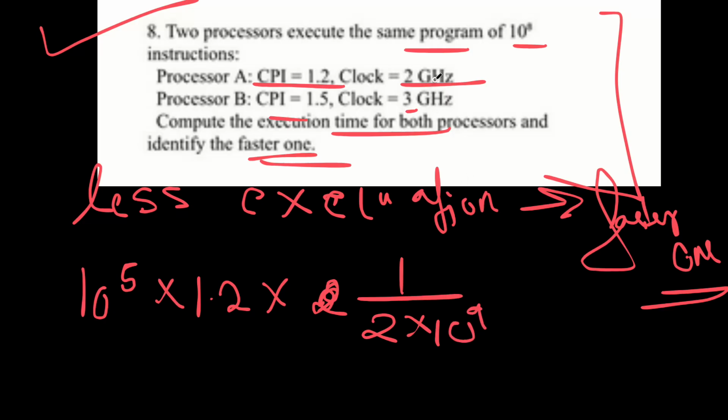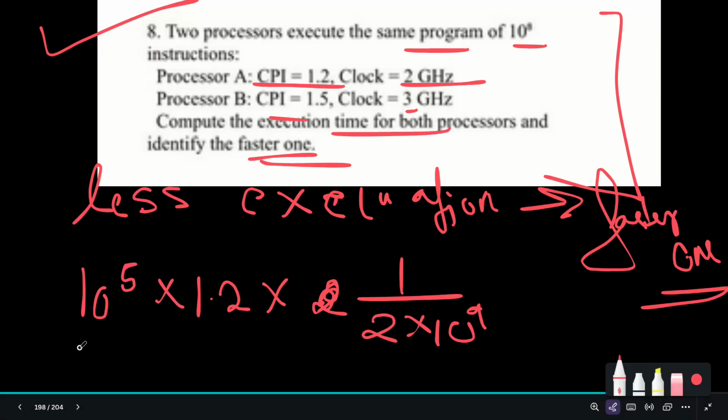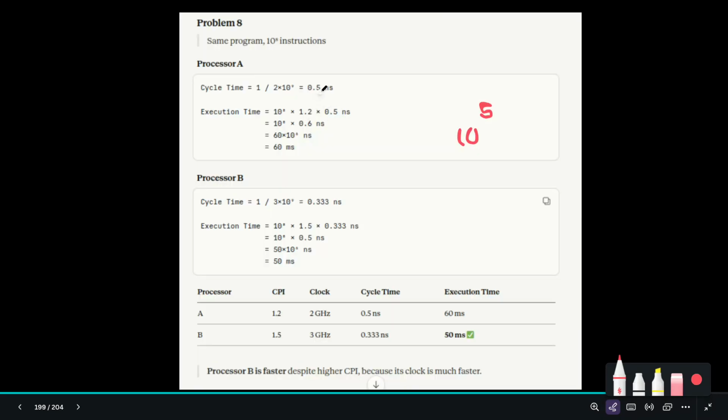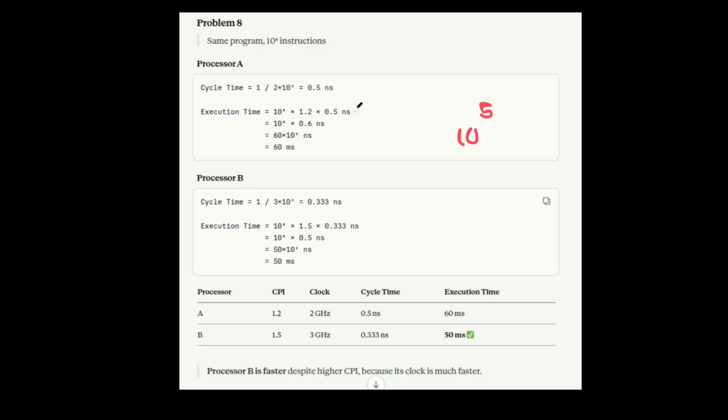So clock speed would be what? Frequency is given, but in our equation it is clock time, so it is 1 divided by 2 gigahertz. Hertz, we know, is frequency. Similarly for processor B, you will calculate 10 raised to 5 into. First we find processor A: 10 raised to 5 into 1.2, and this you divide, you get 0.5.